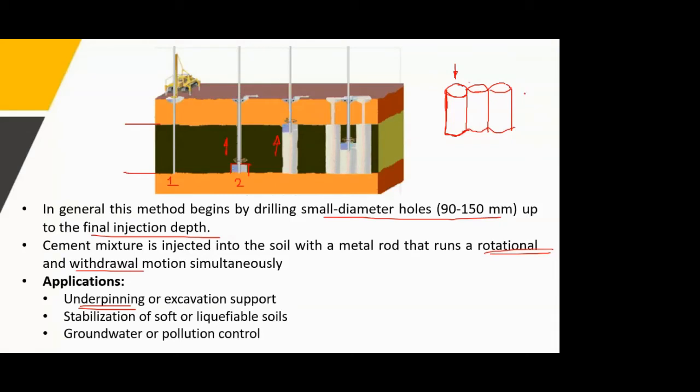This wall can act like a barrier, so that's why you can use it in ground control, groundwater control, or pollution of groundwater control. So you can have a partition kind of thing under your ground level. So that's the jet grouting.